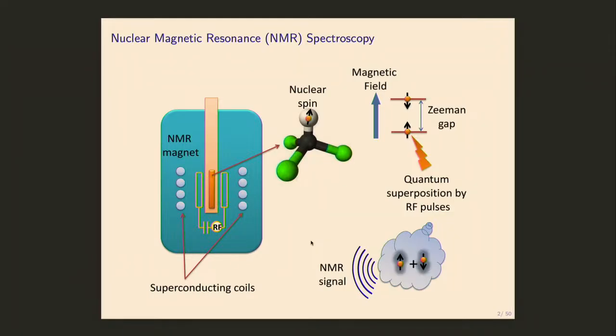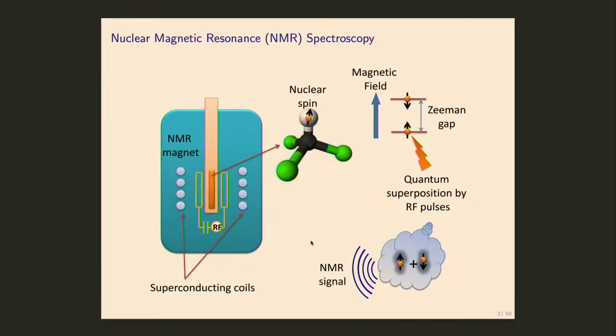So we work with 400 megahertz, 500 megahertz spectrometers and so on. The main static magnetic field is along the direction which we call Z. When you tilt the magnetization away from it, it is now in the transverse plane, but it keeps on precessing due to Larmor precession.